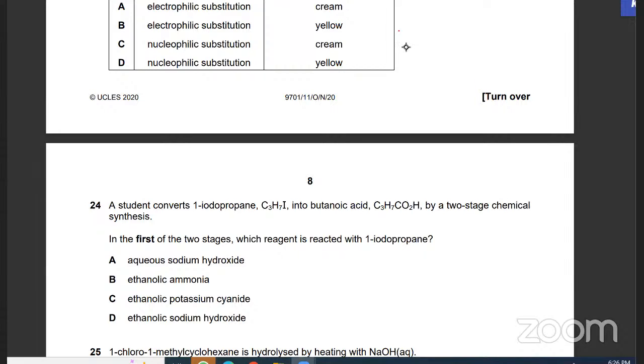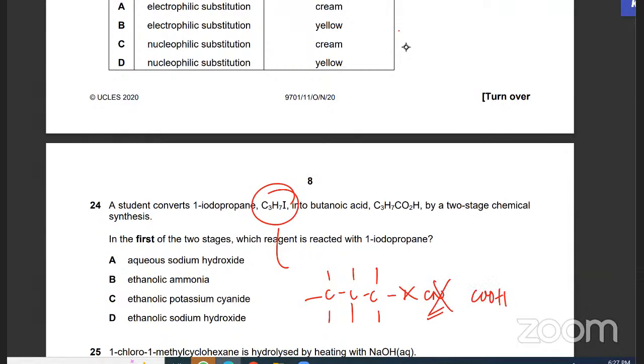So first, I'm going to substitute the halogenoalkane. I'll have 3 carbon atoms, and I'm going to remove the I and replace it with CN. That's step number 1. And then I'm going to turn the CN into a carboxylic acid.